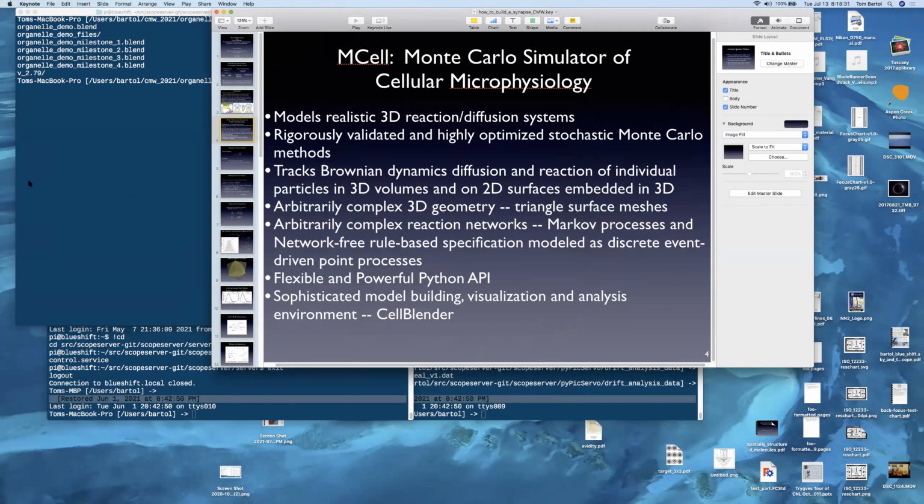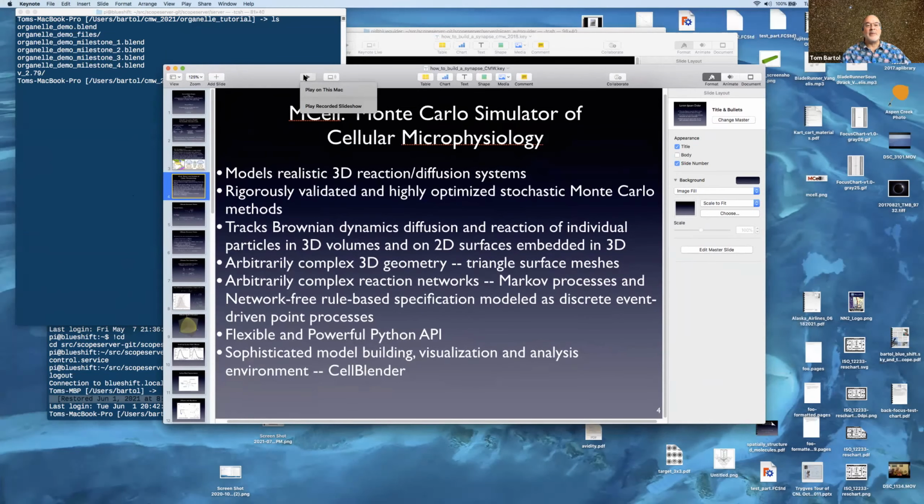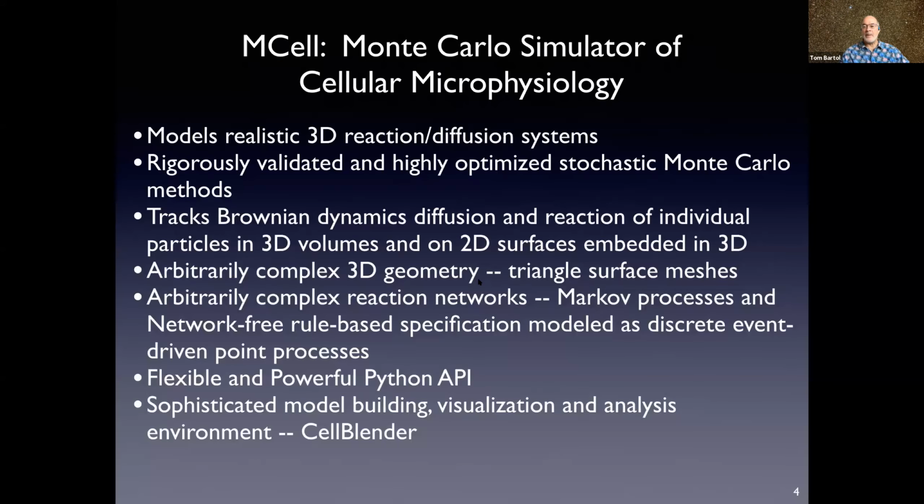Okay, and then I should be able to say play on this Mac. How's that? Oh, perfect, thank you. Okay, but can you see the thumbnail of all your pictures or no? Or is Zoom not showing that?